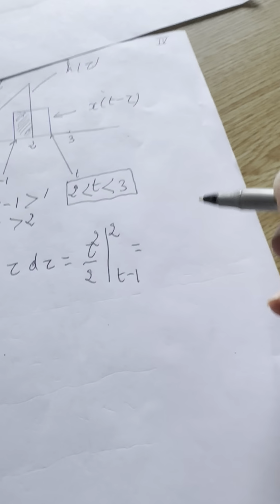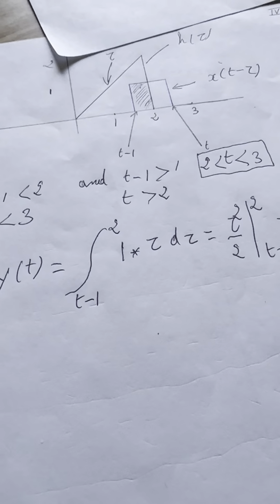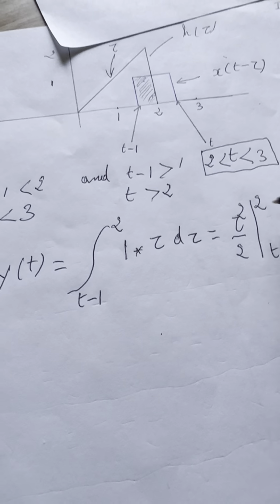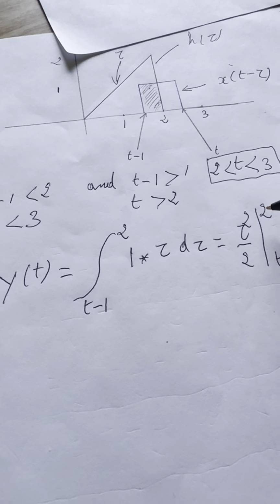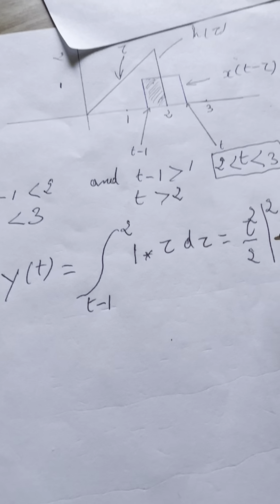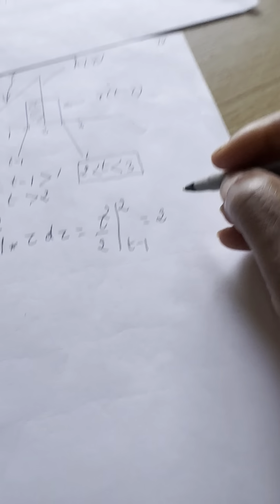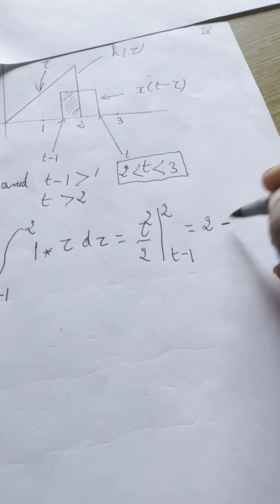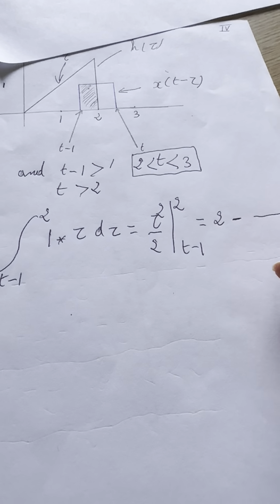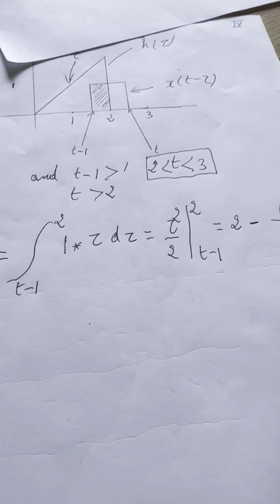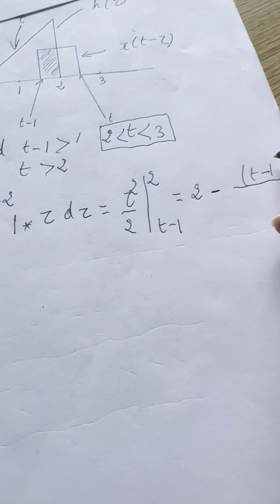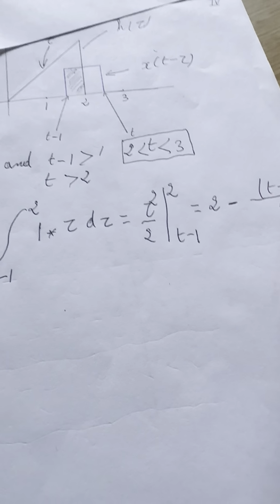Replacing here, 2 squared is 4 by 2, minus (t minus 1) squared by 2.